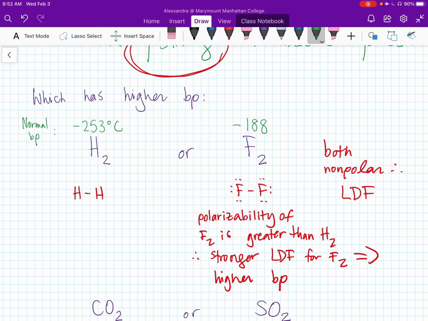Again, this is a very low boiling compound. This is about negative 188 degrees Celsius. So they're both nonpolar, they're both small molecules, they're both very low boiling, but hydrogen is lower boiling than fluorine by quite a lot, okay? By what, 50, 60, almost 70 degrees Celsius. So this makes sense. The higher boiling point, in this case, the less negative boiling point, belongs to fluorine. Higher boiling point arises from stronger intermolecular forces.